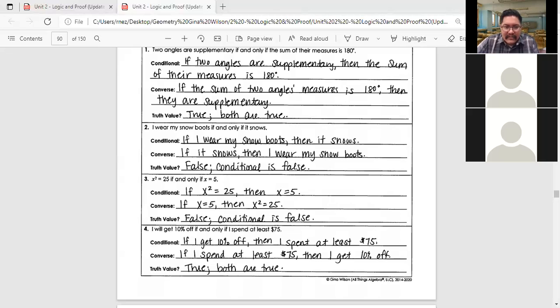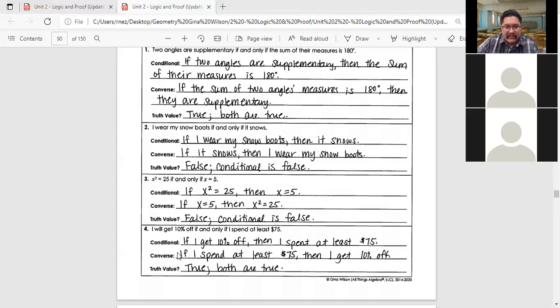So to put it in the conditional: if I get 10% off, then I spent at least $75. And that sounds true, right? Because if you spend exactly $75, they will give you the 10% off. If I spent $80, I will still get the 10% off. So that one makes sense.